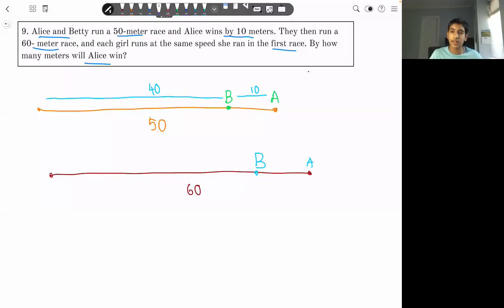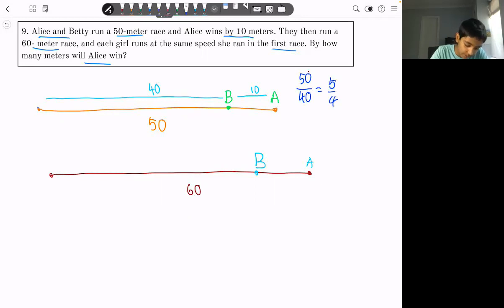Does anyone know what the ratio of Alice's speed to Betty's speed is? Alice can go 50 meters and Betty can go 40 meters. So what is the ratio then? It's just 5/4.